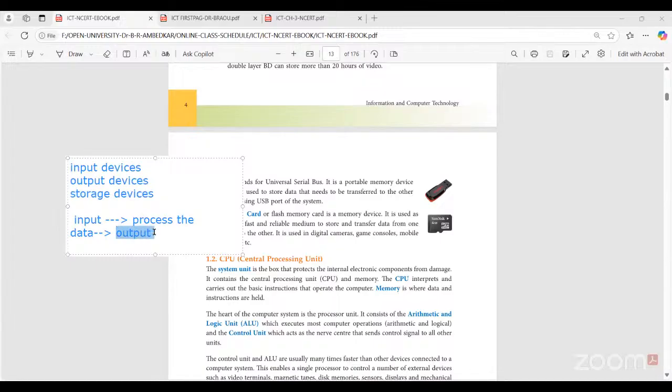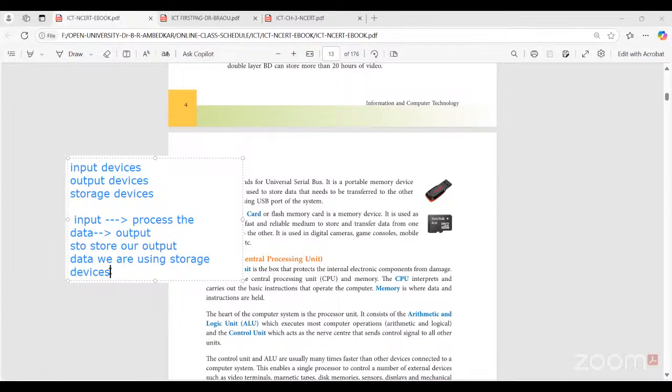For output, we have to use output devices. And to store our output data, we are using storage devices. So these are the kinds of devices we use in the computer.